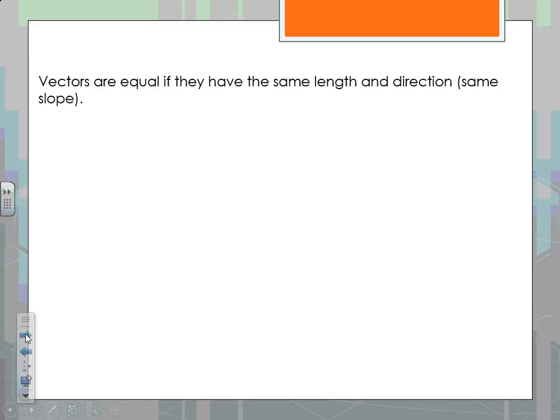Same direction, length doesn't matter. Or opposite direction. That'll be important here in a little bit. But parallel vectors we would consider to have the same or opposite direction.